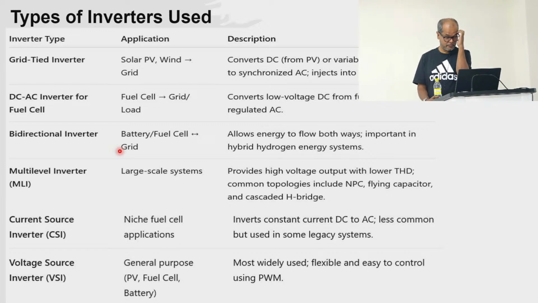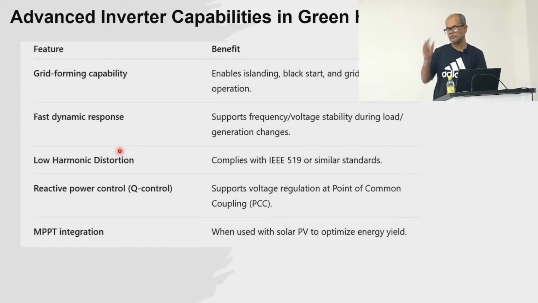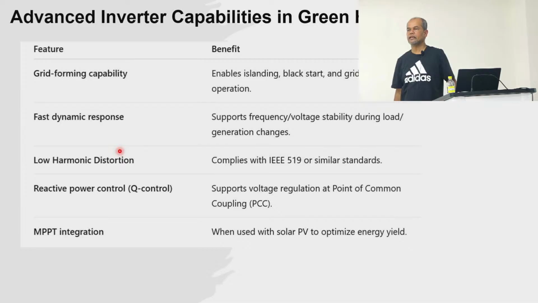So there are so many technologies available, and there are established topologies also used for the inverter. But for the fuel cell application, definitely the requirement would be that first we're going to be boosting, and then converting from DC to AC, because the fuel cell output voltage might not be that high, right?